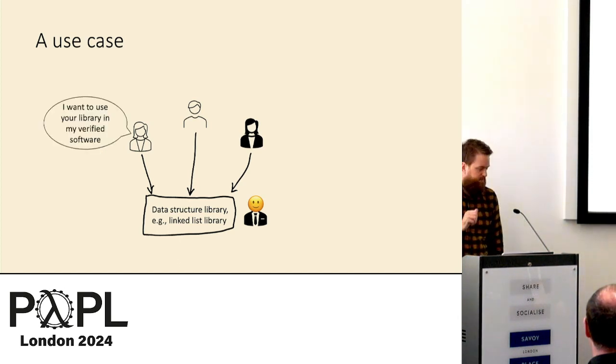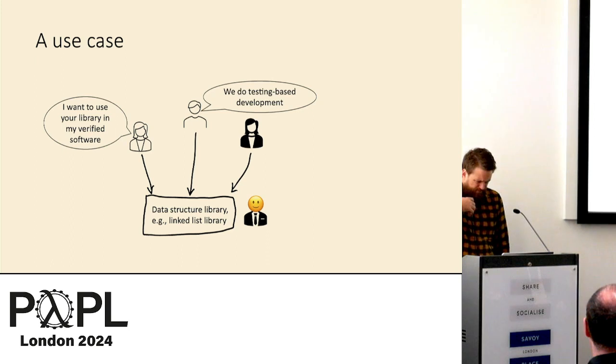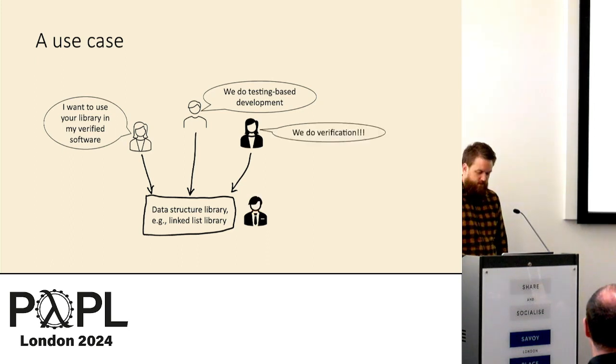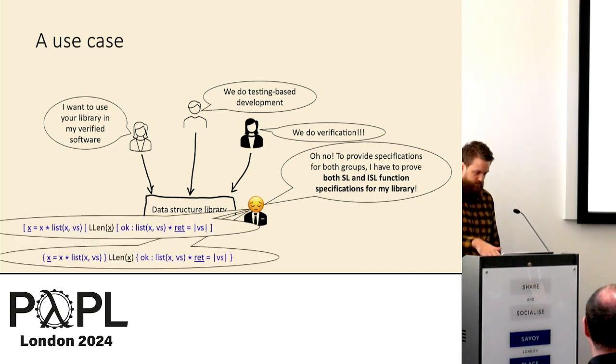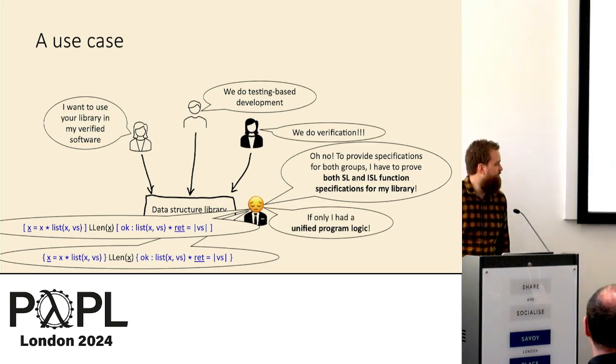However, some of these people are interested in verification, so they want to use your library in verification, whereas some other people only do testing, etc. So you're no longer happy, because this means that to satisfy both of these groups, you would have to provide both separation logic and incorrectness separation logic specifications for the functions of your library. So 2 specs per function. Oh no, if only we had a unified program logic.